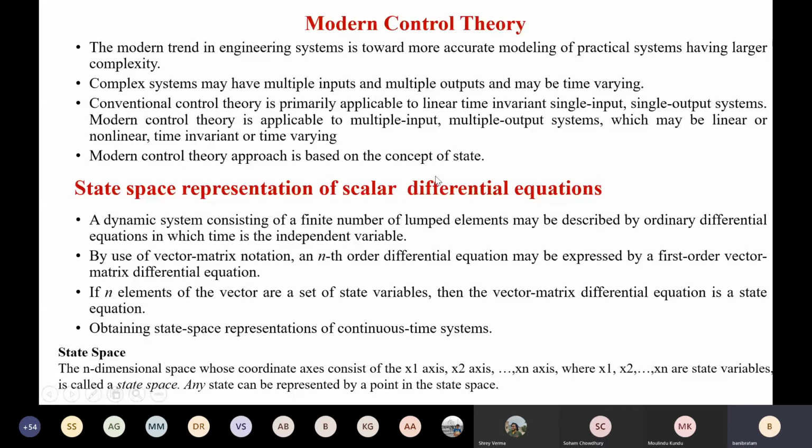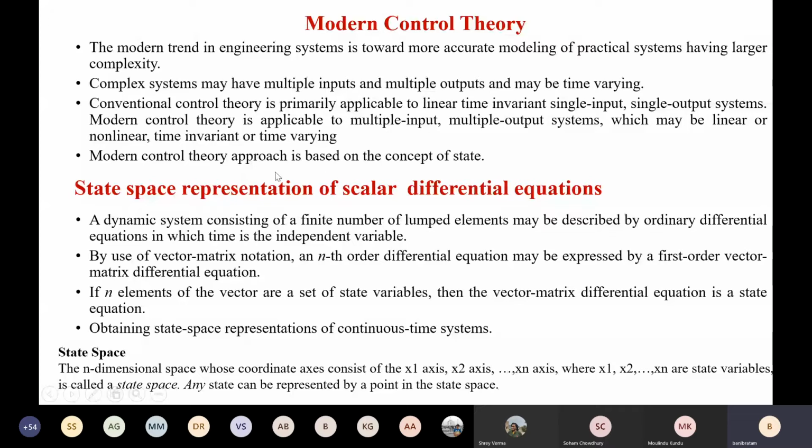That concept is widely used in the modern control theory approach, which is a more general approach and can be used for any type of system, even multiple input, multiple output, linear, non-linear, time variant, invariant, everything. But it is not that it cannot be used for LTI SISO systems. It can be used for linear time invariant, single input single output systems as well. Okay, but its approach or area is wider.